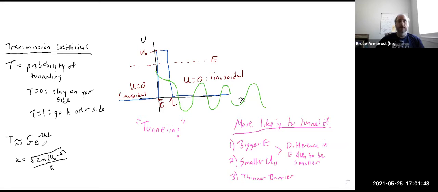Well, okay, if it actually is equal, you can't use this formula, because the G is going to end up being 0, which is not correct. So this formula is for when U naught is bigger than E.